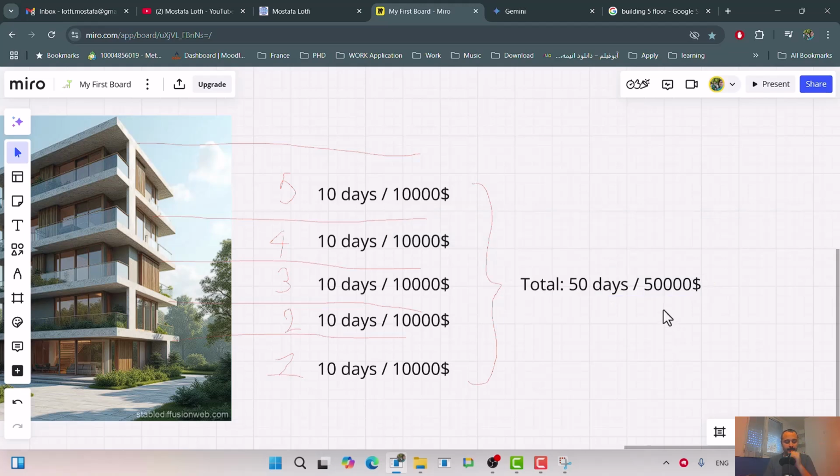This is your plan, and you know for each floor how many days are required and how much you need to pay. Okay, let's just assume this is your plan.